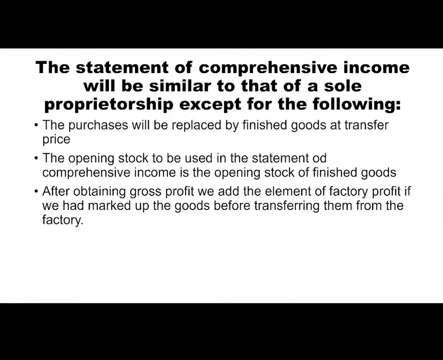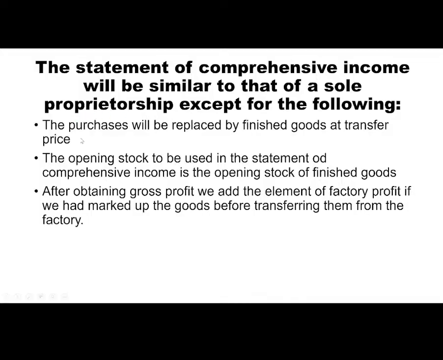So we have the statement of comprehensive income, which will be similar to that of a sole proprietorship except for the following. So we need to know the income statement. We are told it shall be similar to that of a sole proprietorship, except the purchases will be replaced by finished goods at transfer price.